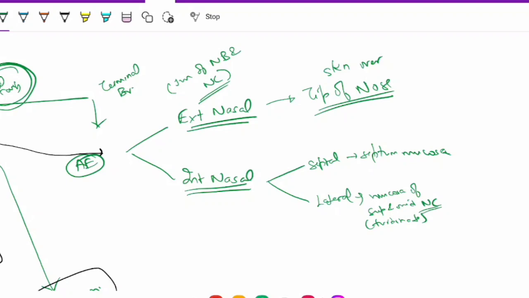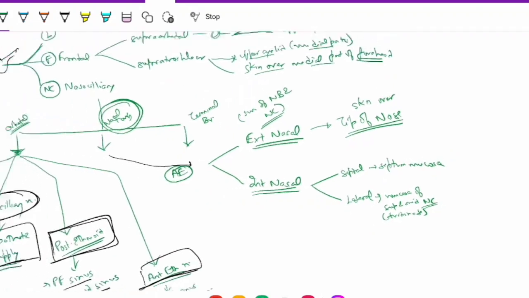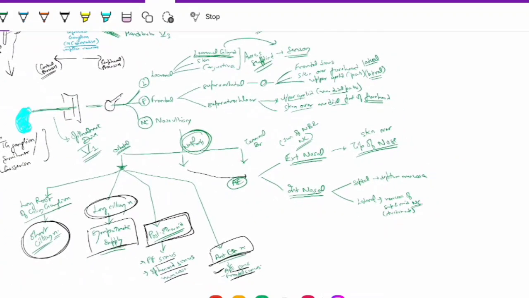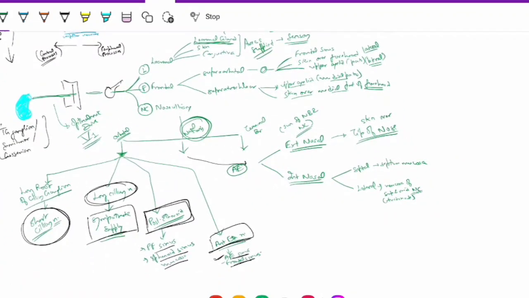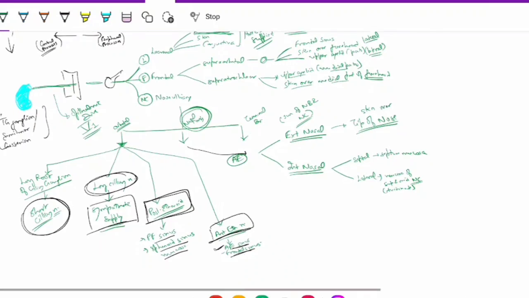Now a few of the terminal branches are also there, which supply the medial part of the eyelids, lacrimal caruncle, and all those areas, which are not of much relevance to us. So this is your primarily ophthalmic division.